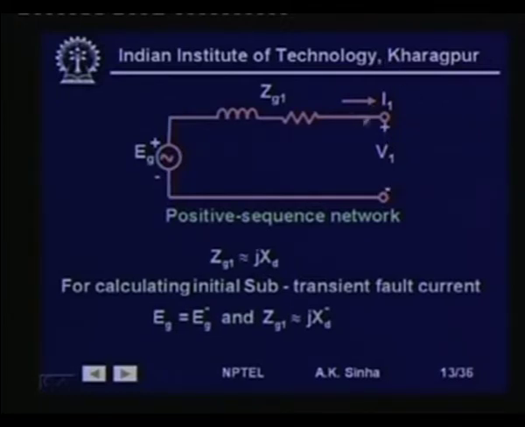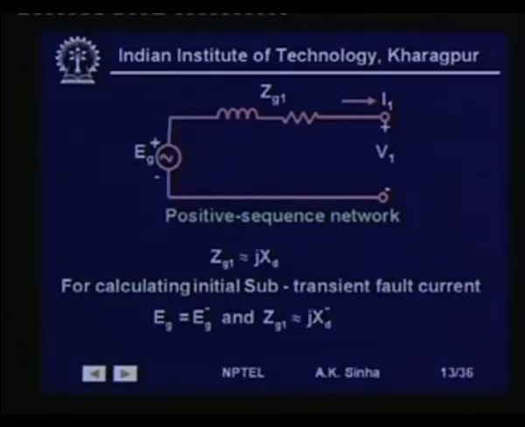For a loaded generator we had seen the terminal voltage is kept constant. So, depending on this current, for a loaded generator we find out the generated voltage, and that voltage is taken as the voltage here in this case, and the impedance used in this case is normally the subtransient impedance.